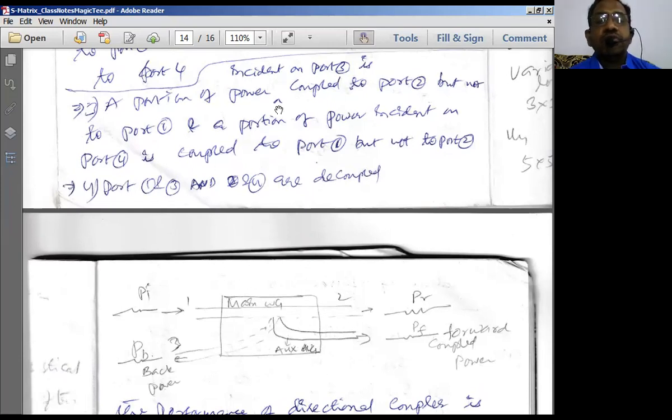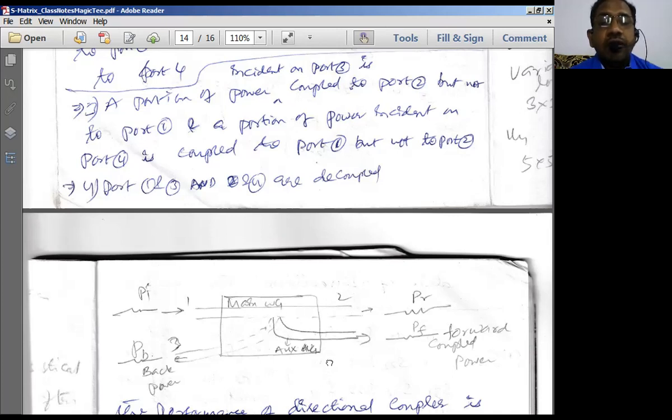And next, when I apply input to port 3, a portion of the power incident on port 3 is coupled to port 2 but not to port 1, and a portion of the power incident on port 4 is coupled to port 1, but not to port 2.